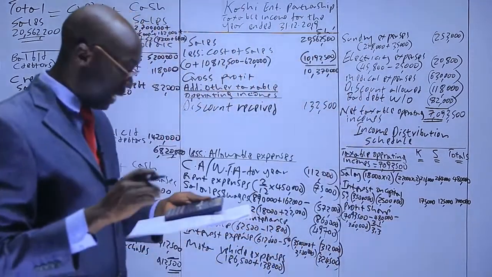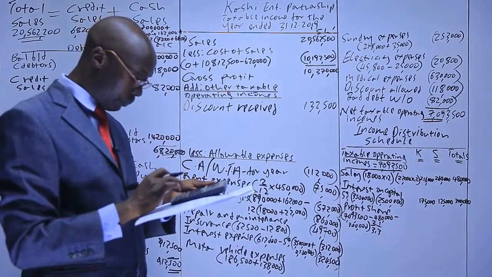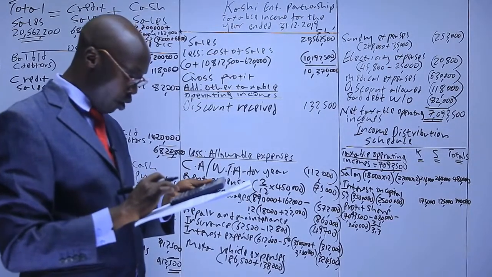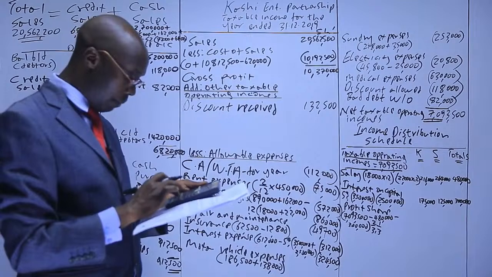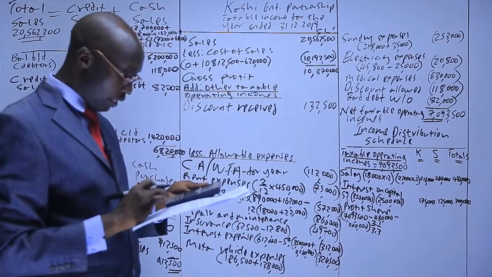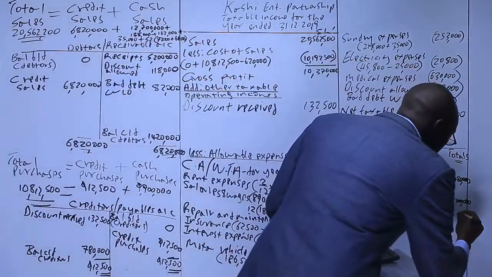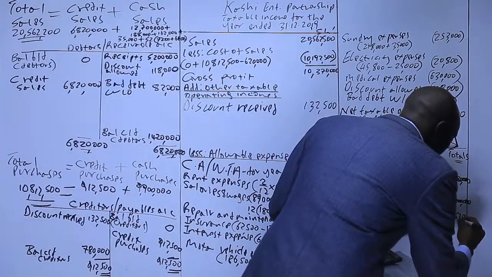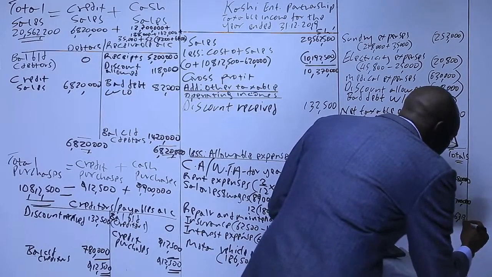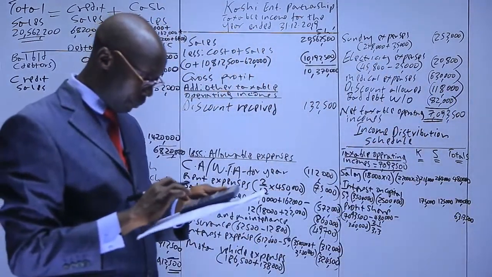So let's minus 7,093,500. We minus 480,000 and also we minus 300,000. 480,000 and 300,000 give us 6,313,500. Then the first one will get 2 over 3.